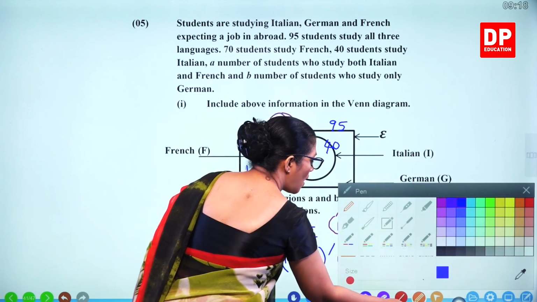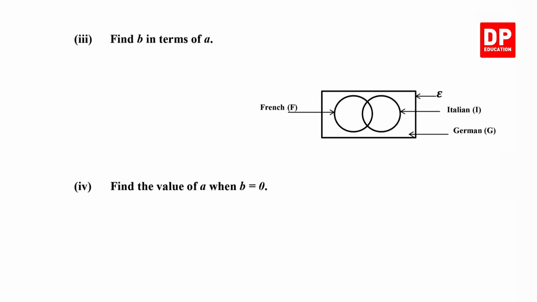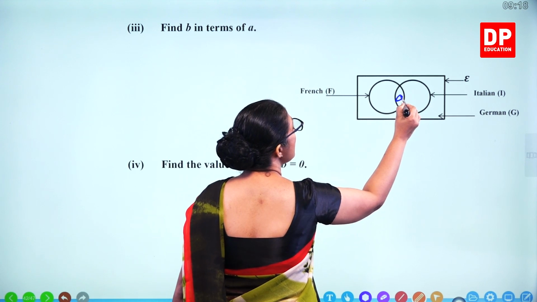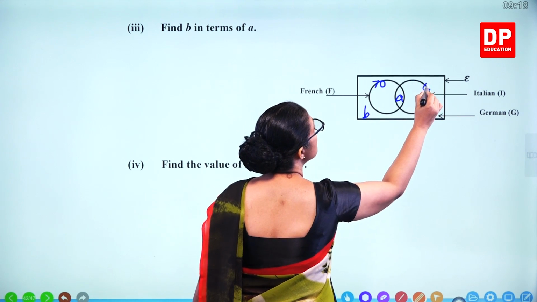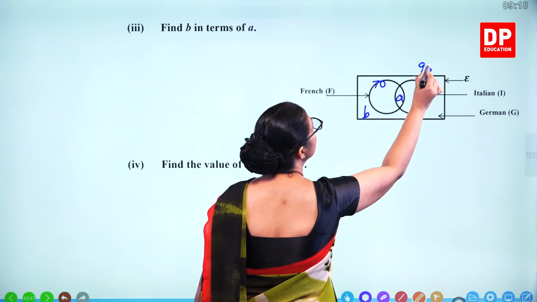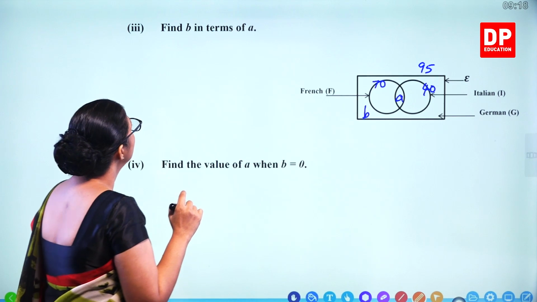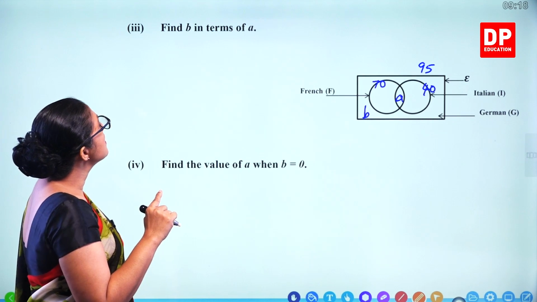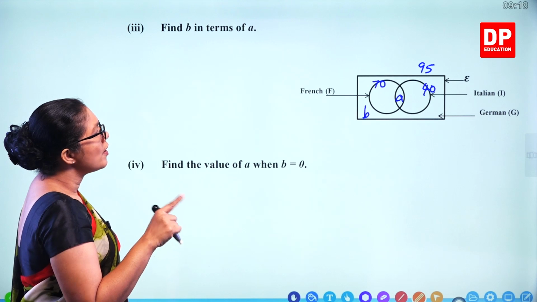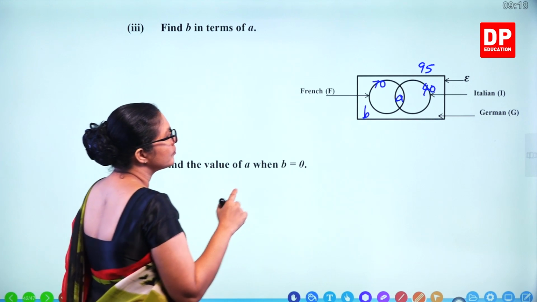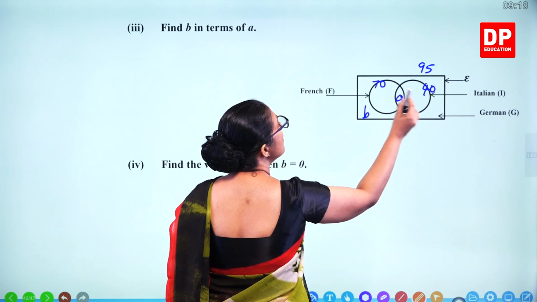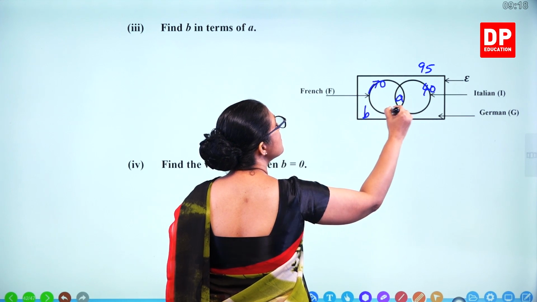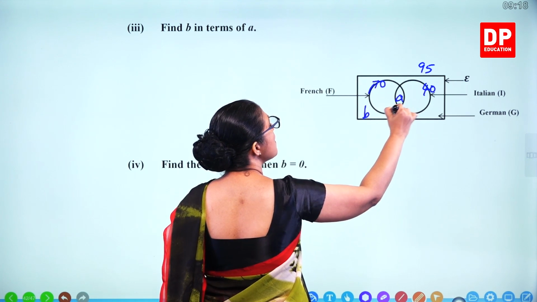Let's take the next one. Find B in terms of A. So we found out this is A, this is B, 70, 40, 95. Now what can we write? We can find out the values here. This becomes A. This becomes 70.